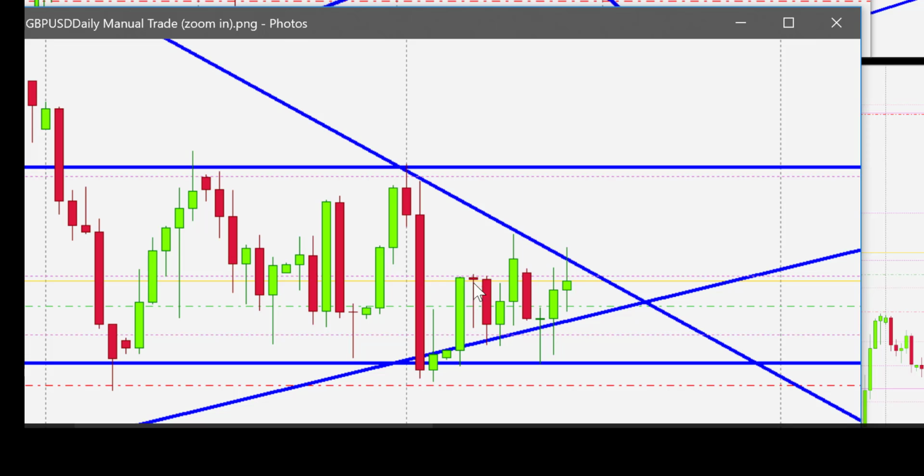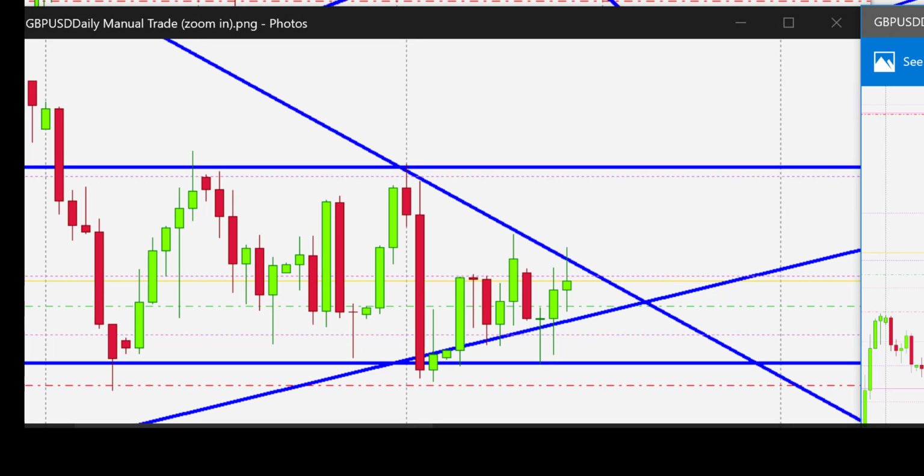And you can see that's why price has been making a dance between those two levels. And so it's failed to break it as well.